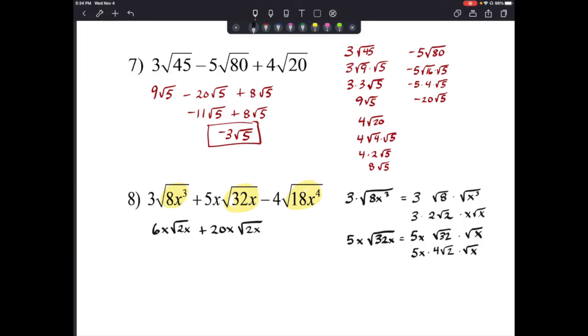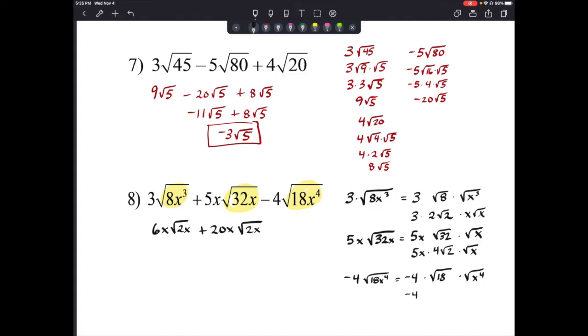And then the last one there, we have that negative 4 times the square root of 18x to the fourth. Let's just take our time, break that one apart. So we have negative 4 times the square root of 18 times the square root of x to the fourth. Well, negative 4 isn't going to change, and we've got our square root of 18.